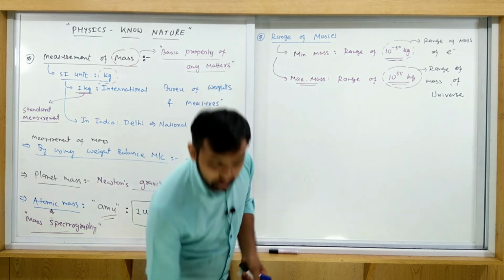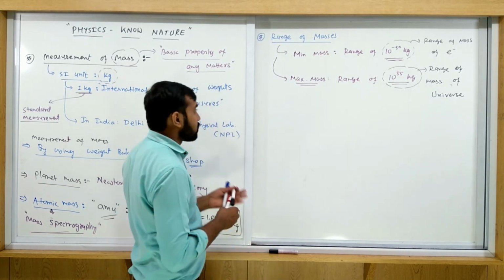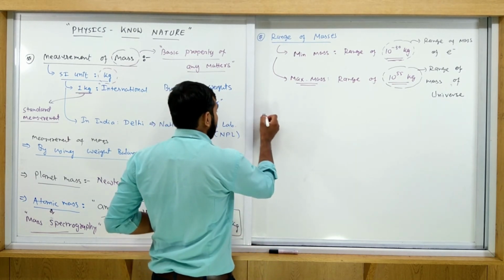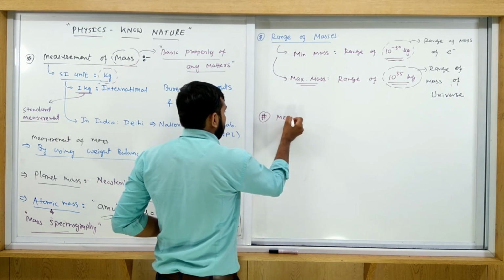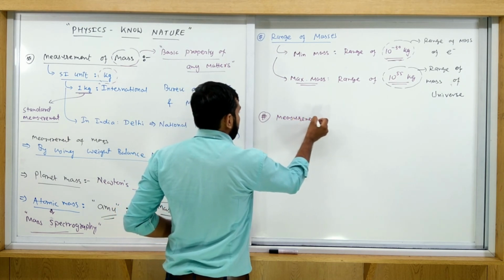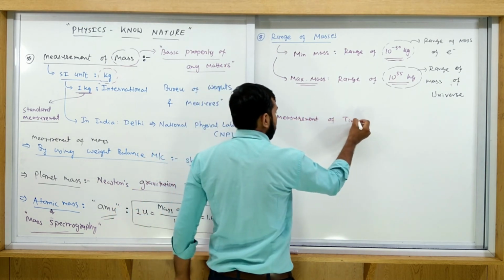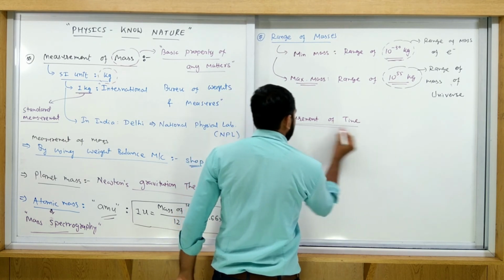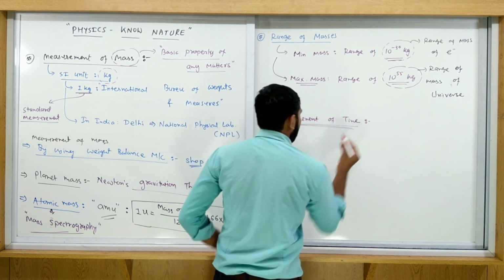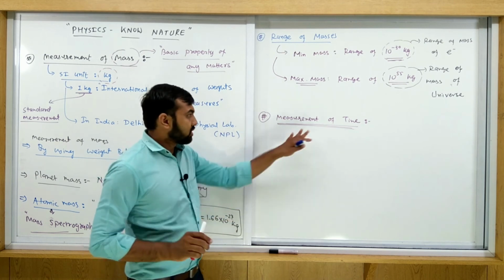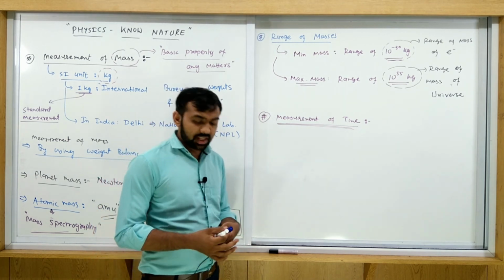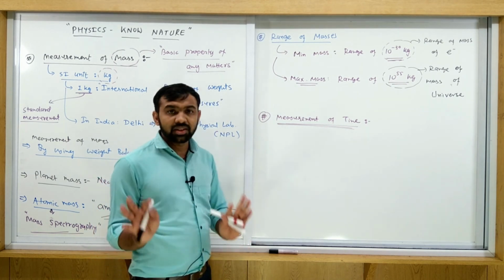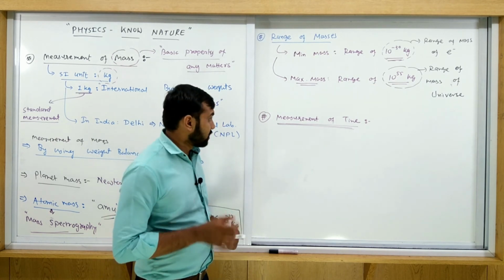Now similarly, we will also discuss the measurement of time. Remember this topic only for reference. This type of question is mostly not asked in theory or in different competitive sections.